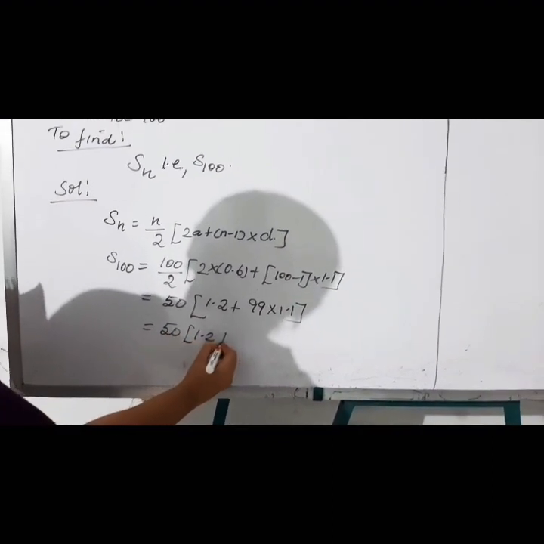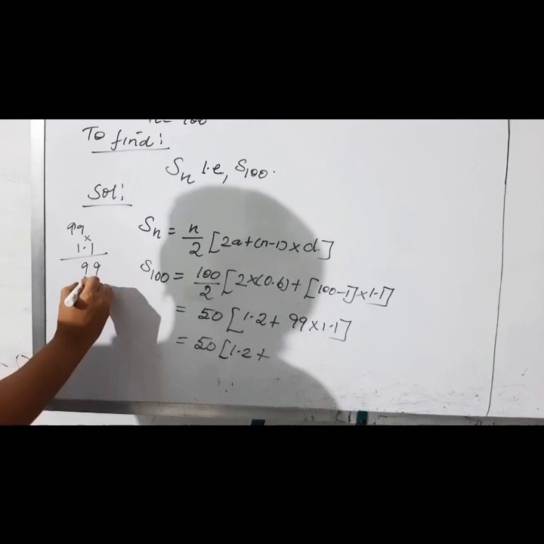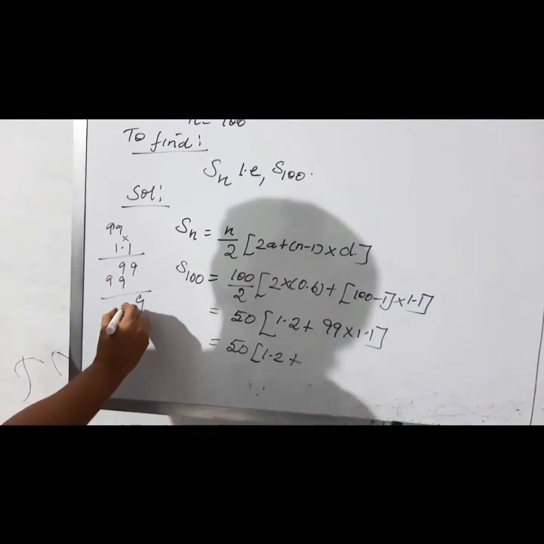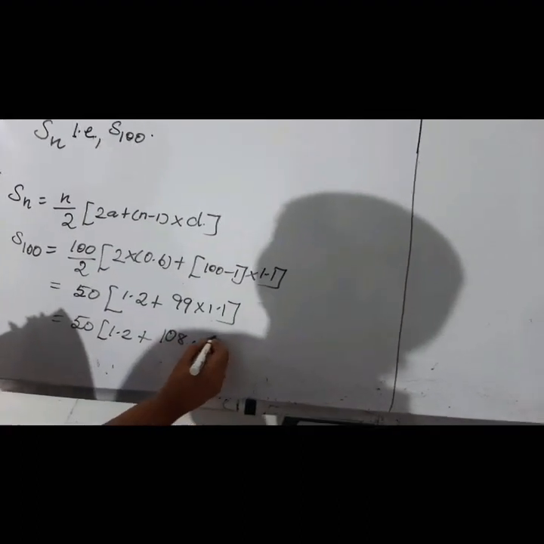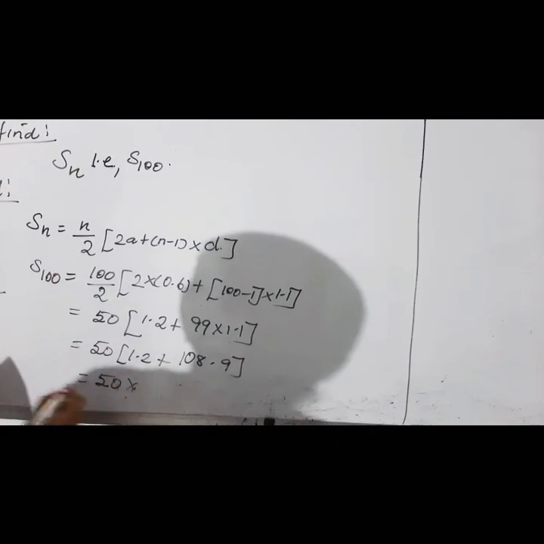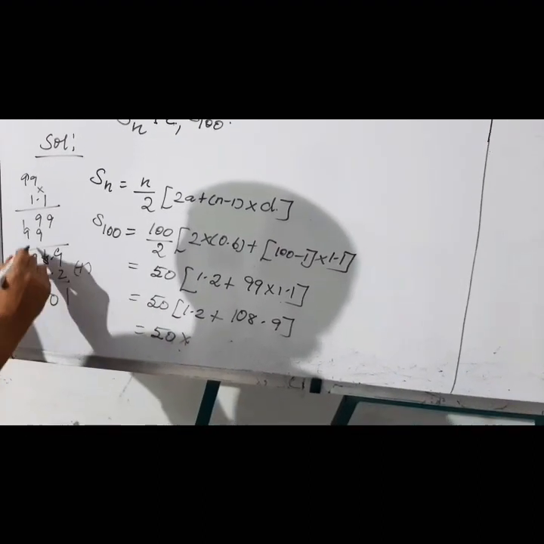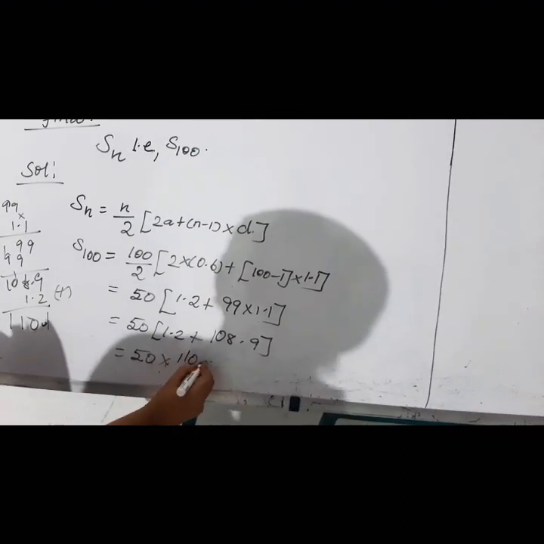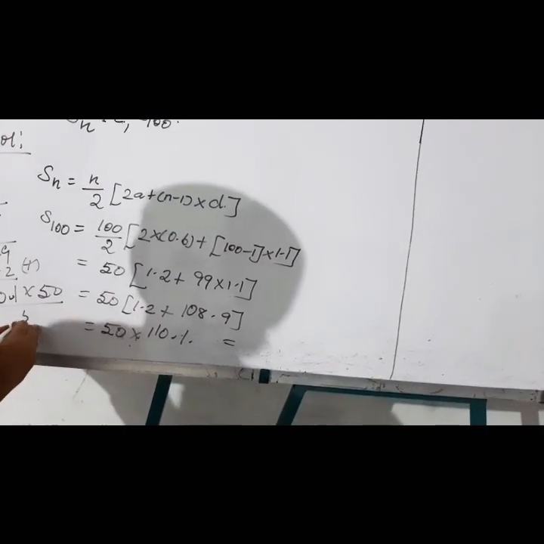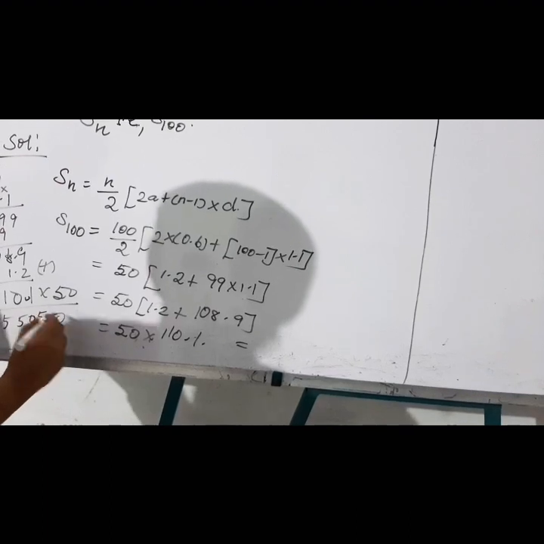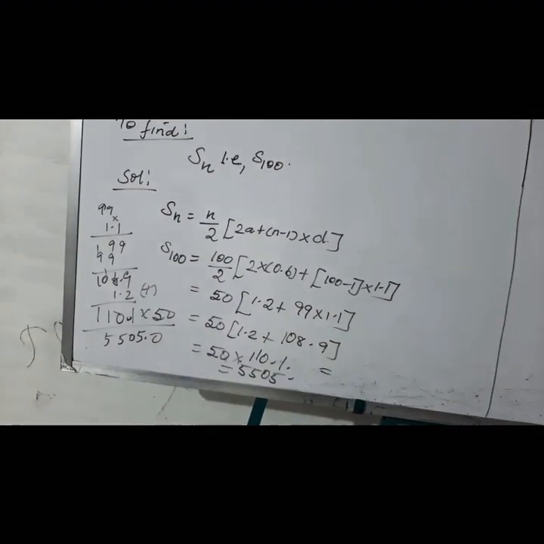So 50 into (1.2 plus 99 into 1.1), 50 into 110.1, which is equal to 5505. The sum of this AP is 5505.